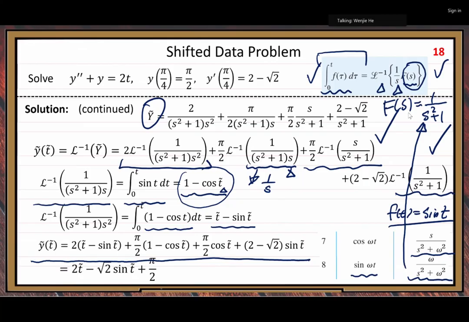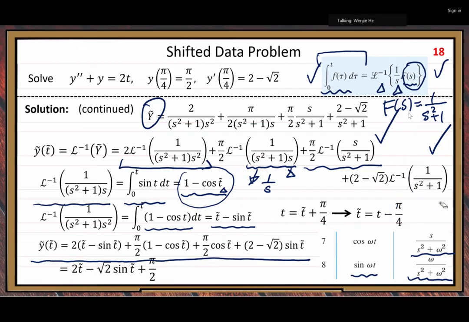So we simplify it. T tilde is t minus pi over 4, right? So then we go back to the t. Replace t tilde by t minus pi over 4. That's the final solution.